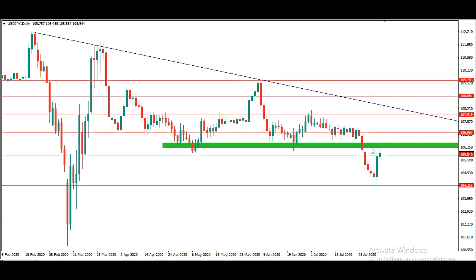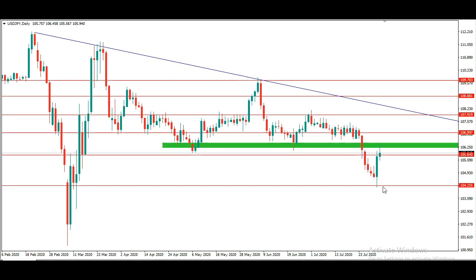And if you look closely, you see that after the daily close, there was no retest whatsoever of previous support as new resistance, and we just had a situation where the price just dropped all the way to 104.25 support.